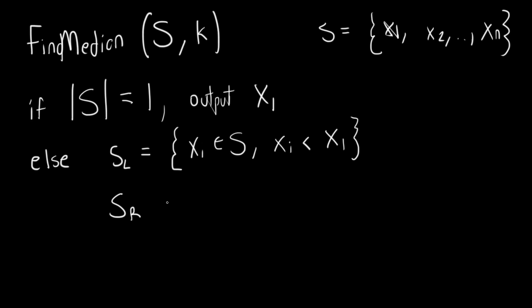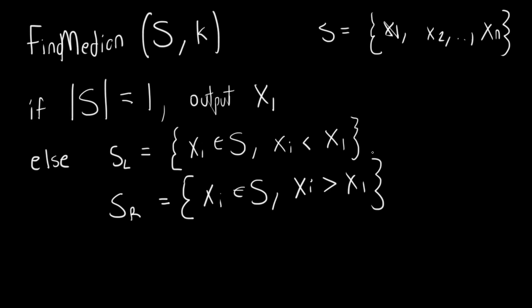And then we'll have SR, the right side, which is xi, part of the set, where xi is greater than x1. Obviously we're assuming that x1 to xn are all distinct in this case.